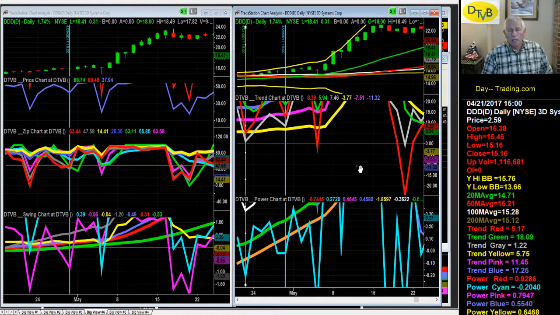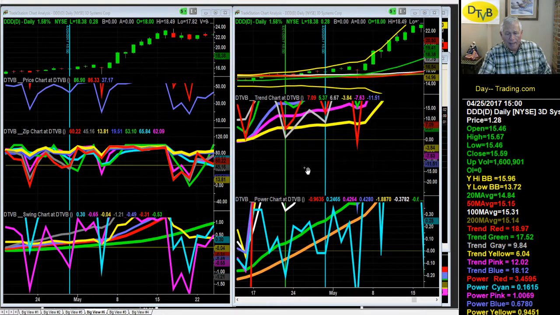And when you get a larger pattern, if you haven't had a chance to look at larger patterns, there's a link on the home page for that. But the key thing over on the green vertical line day, what do we got? We actually have the power green crossing above zero, which is indicative again of stronger upward movements.